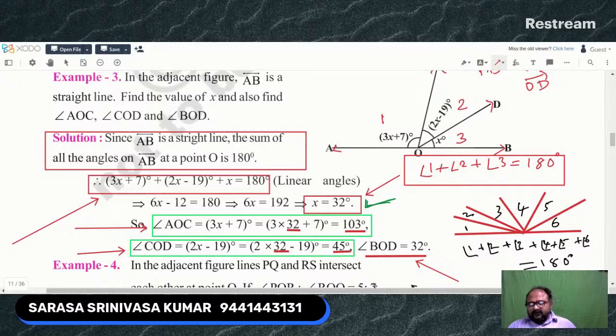How can you calculate this? It is given that angle 1 equal to 3x plus 7 degrees, angle 2 equal to 2x minus 19 degrees, angle 3 equal to x degrees. So, substituting x equal to 32 degrees in these values 3x plus 7, 2x minus 19, x, you will get angle 1, angle 2, angle 3.